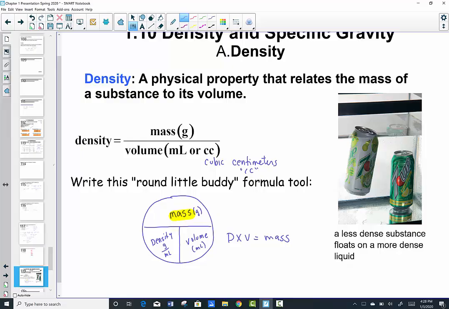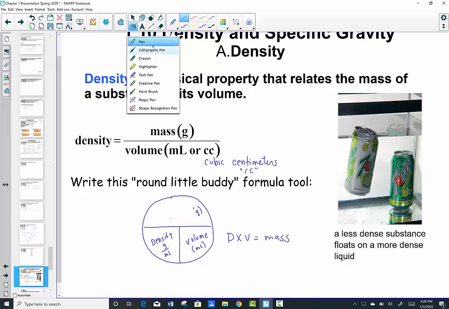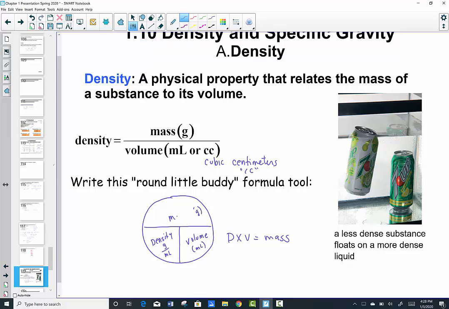Suppose, for instance, instead of wanting, let me just put that back. Let's suppose instead we wanted to solve for density. And if I cover my finger and say that this is highlighted, I want to solve for density, cover that so you can't see it. Pretend my highlighter is my finger and I'm covering up the term density.